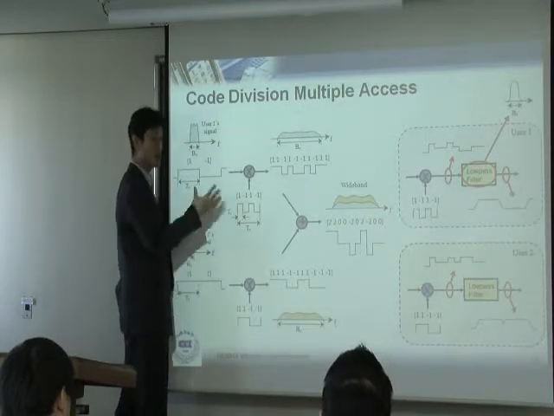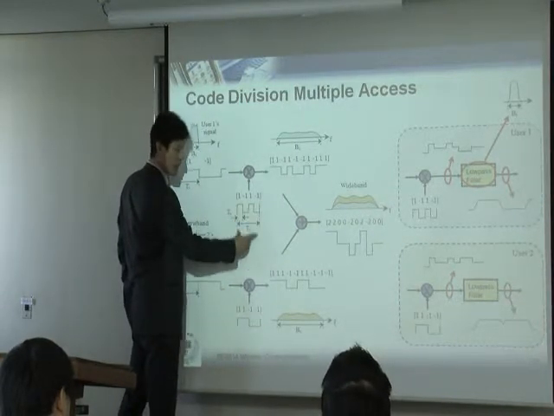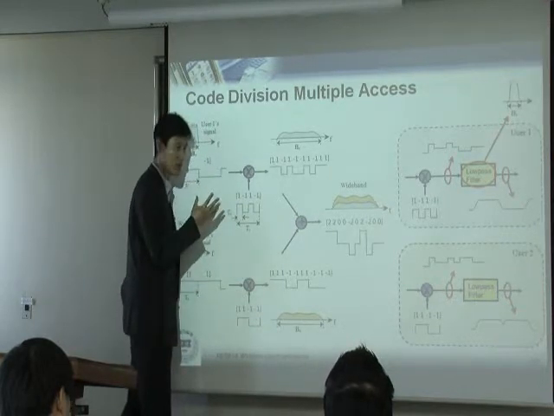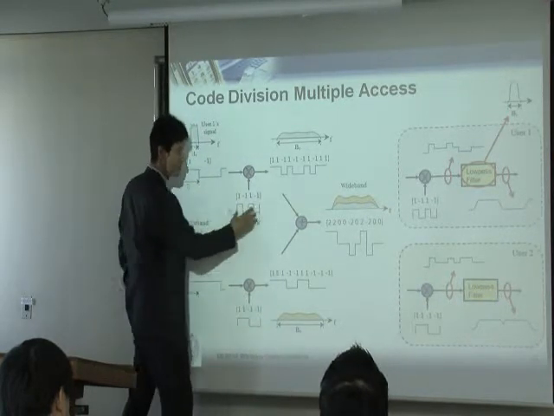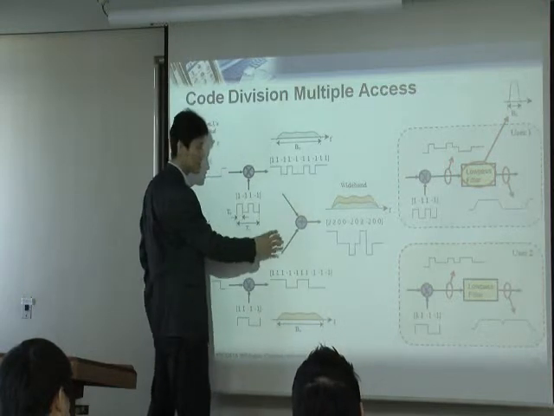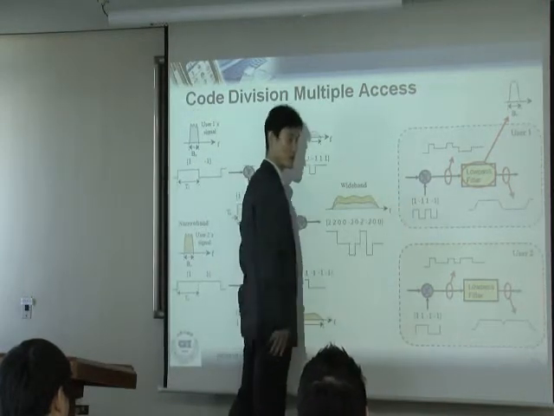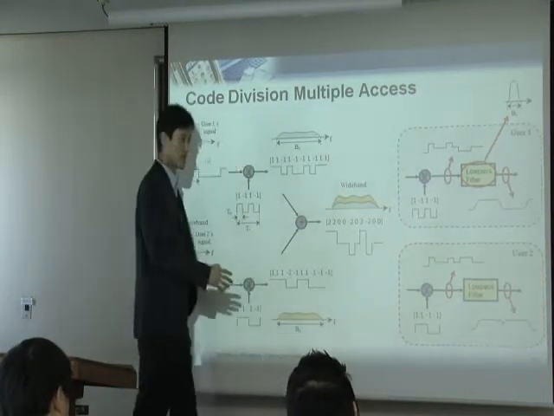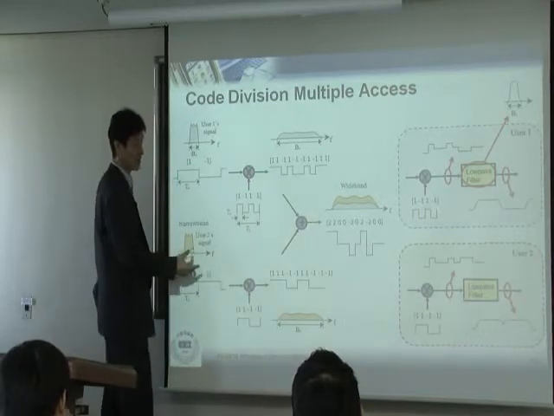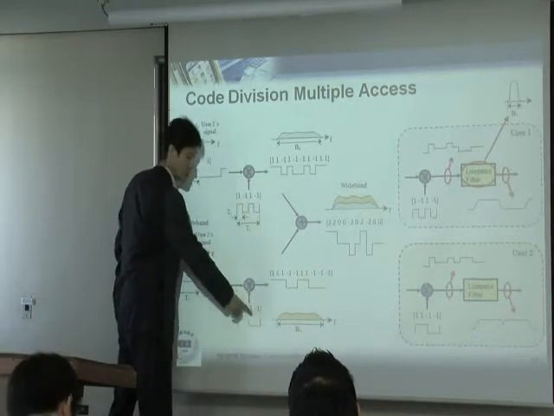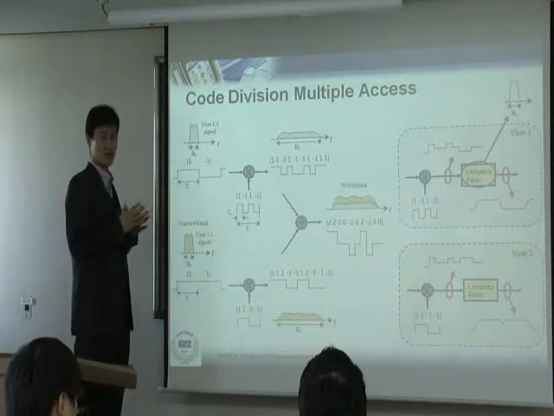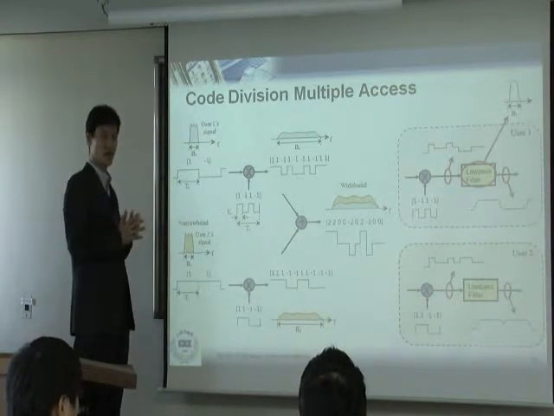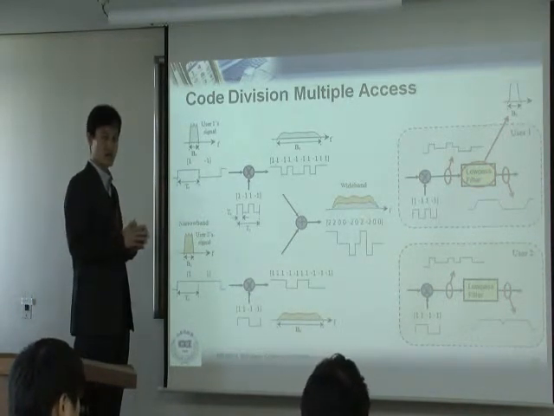That basically means this code and this code are almost similar. In that case, if you multiply these two similar codes and mix them together, it's very hard to distinguish. The best solution is to make this code and this code orthogonal. We want to have orthogonality.